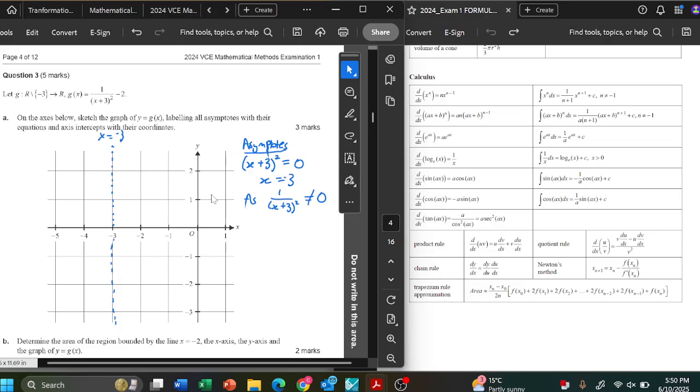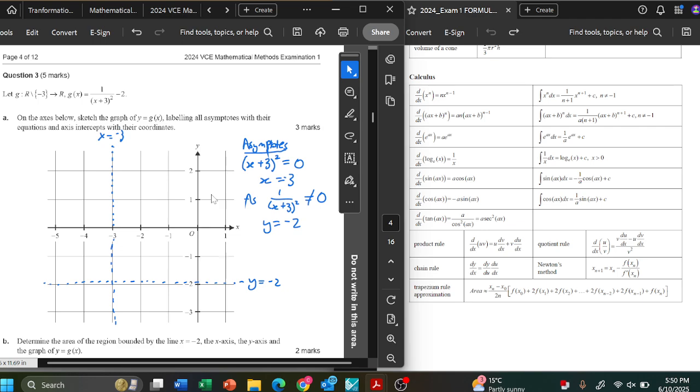It could be 1 over a billion, and we've still got a number that's not quite equal to 0. So we've got something that's never equal to 0, minus 2. That means that y equals -2 is going to be our other asymptote. So we've got a horizontal line going across like this, at y equals -2.